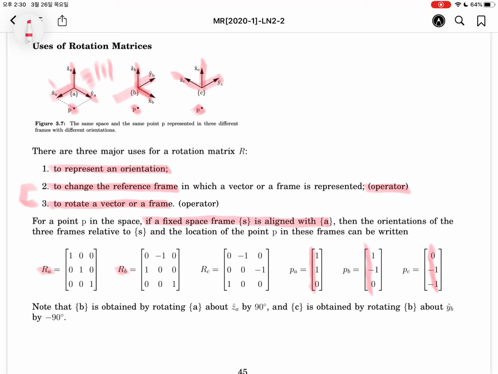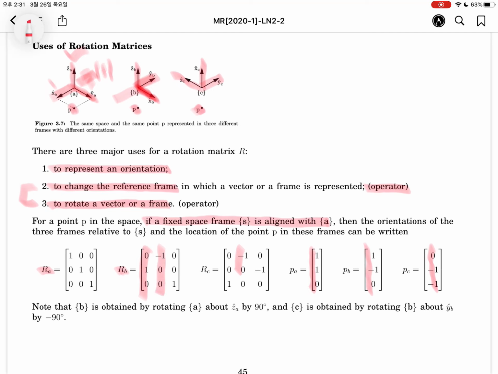In here, XB can be read using the A frame. This one is aligned to the y-axis, so this vector can be written 0, 1, 0. So we have the first column. Let's write YB. This will be -1, 0, 0. So we have the second column.